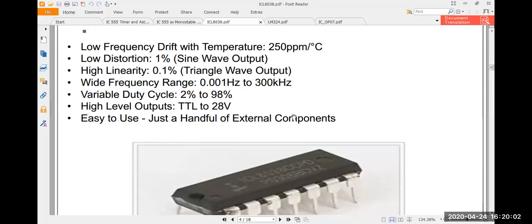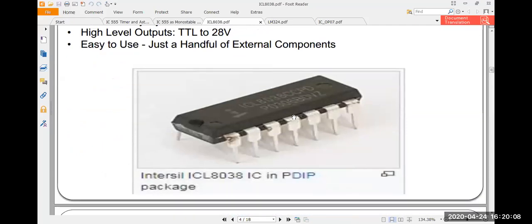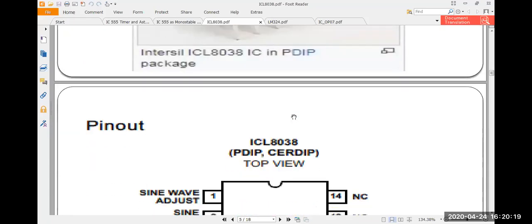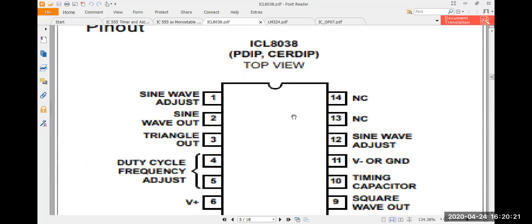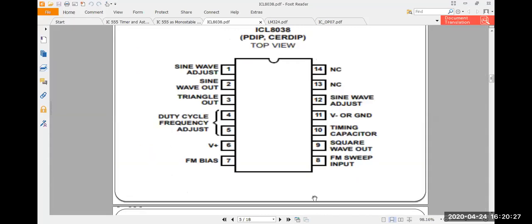Now this is the IC, you can see. And this is the pinout of the IC.